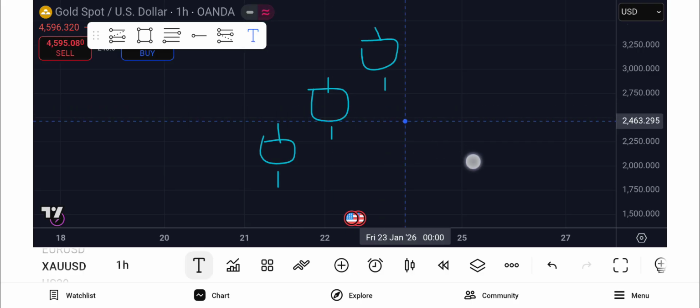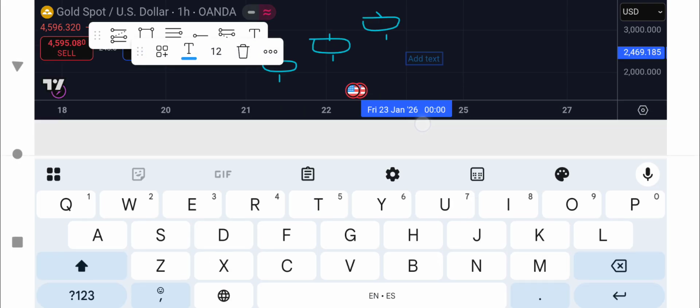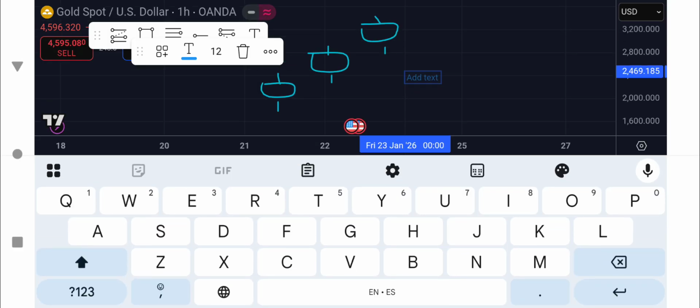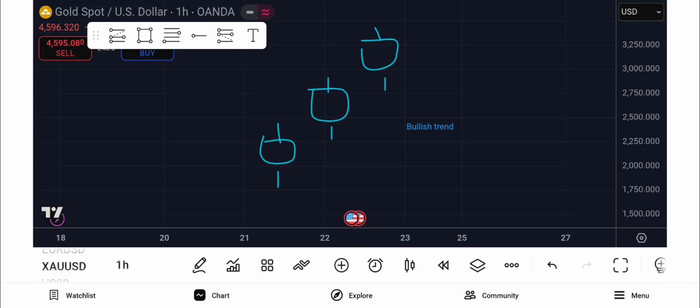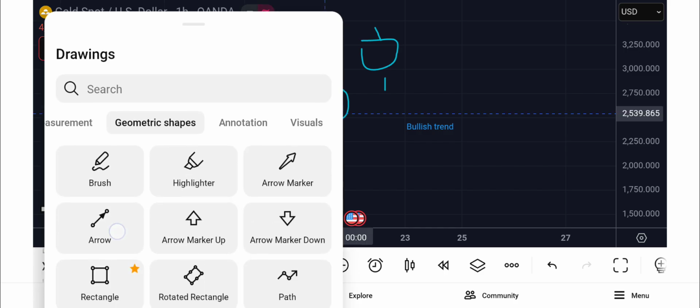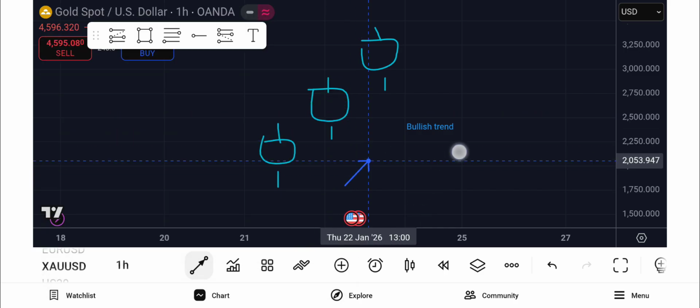Now, this will be considered a bullish trend because, as you can see, it's going up.